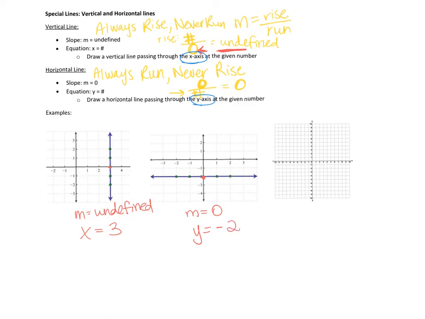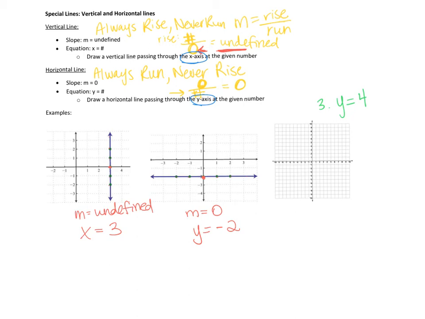Okay. So let's say instead of them giving me a line, they give me an equation. So let's look at an example over here. Let's say they give me the equation y equals 4. So if y equals 4, remember, if we were graphing a line, y equals mx plus b, we'd identify the m, we'd identify the b, and then we go.